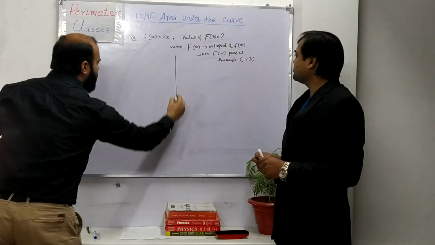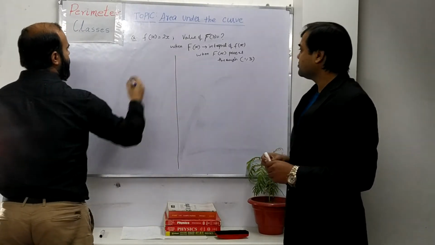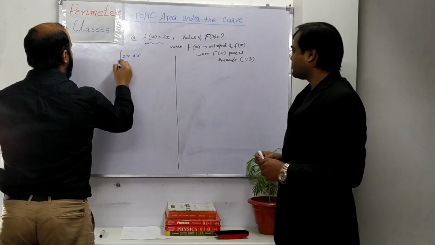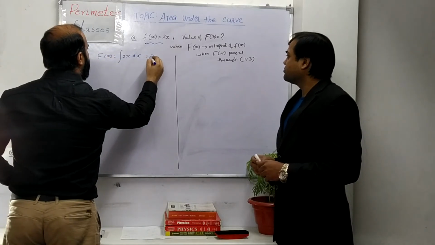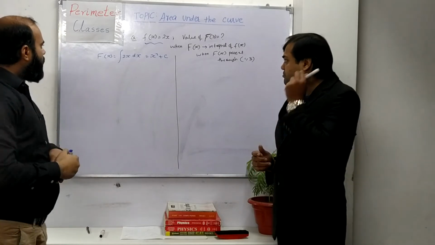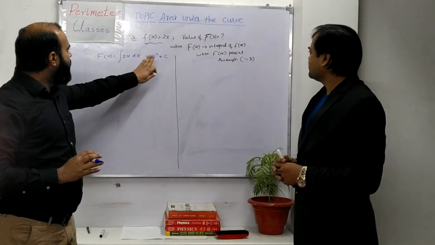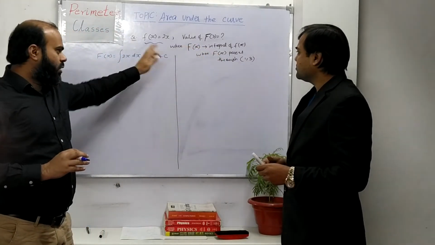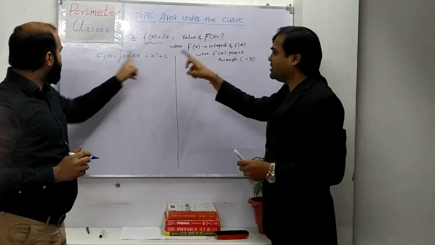Firstly, if I do it by indefinite integration, there is a function f(x) and I am integrating it. We get a capital F(x), which gives x square plus a constant of integration. Since it is given that the function passes through (1, 3), we can find the constant of integration. (1, 3) means the value of x is 1 and capital F(x) is 3.